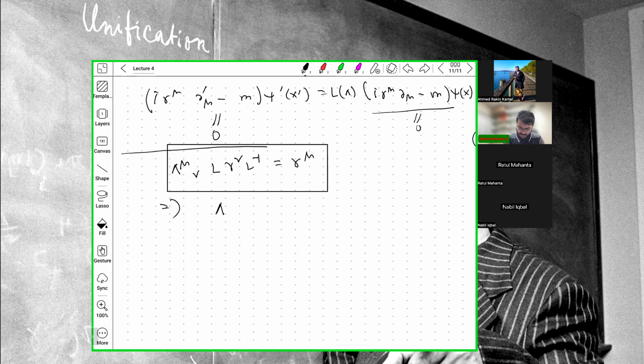And one can multiply this relation by L inverse and L from both sides, and these are numbers, so this will directly hit here and also here. So you will get lambda mu nu gamma nu is L inverse gamma mu L. So they are equivalent.